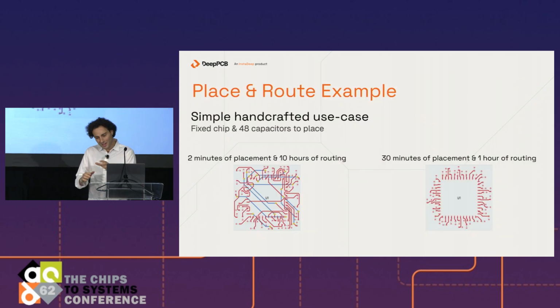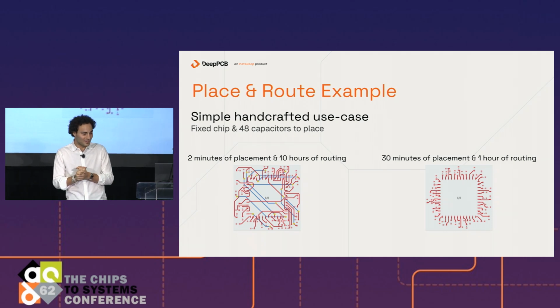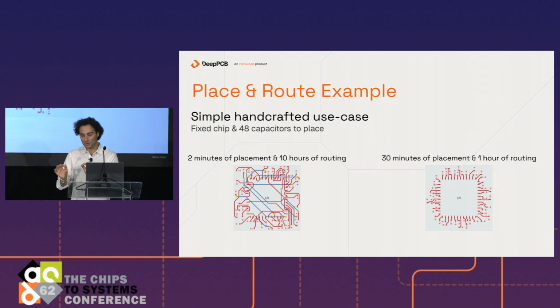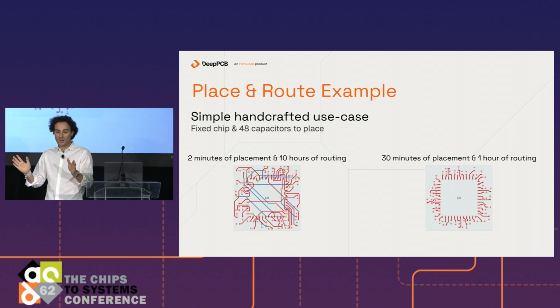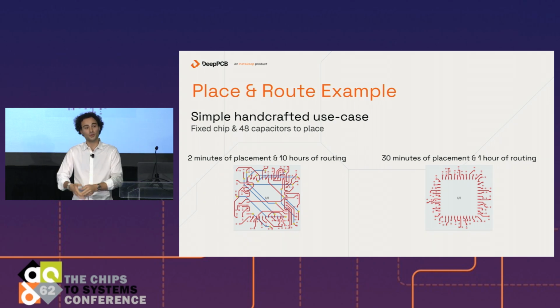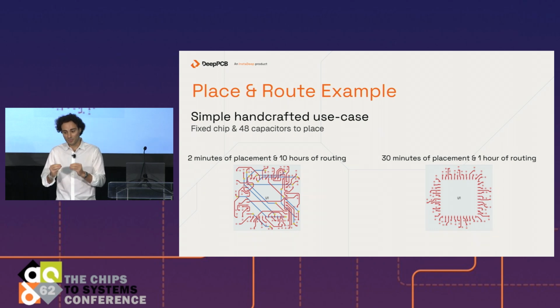So to give you a super quick example of place and route before we go into more detail. We manually created this super small chip. We just took 48 capacitors and we started our placement tool and just went to the first solution, like 2 minutes. And then we tried routing it, and the placement was so bad that the routing looks like a mess.